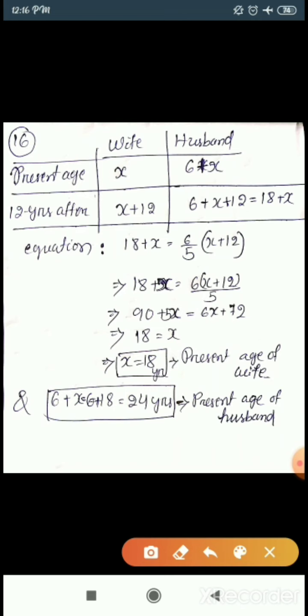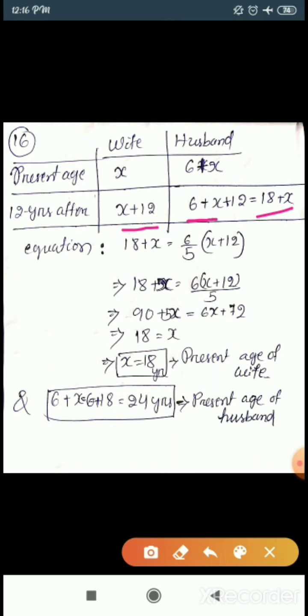Write up to this much. 12 years after, the wife's age will be X plus 12, and the husband's age will be X plus 6 plus 12, that means X plus 18.